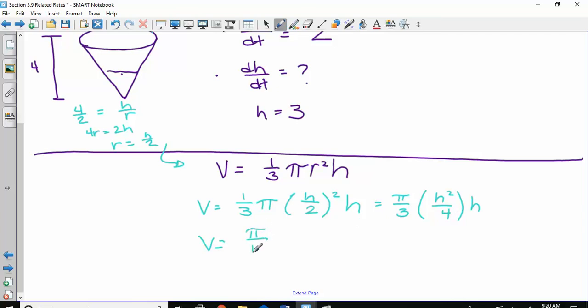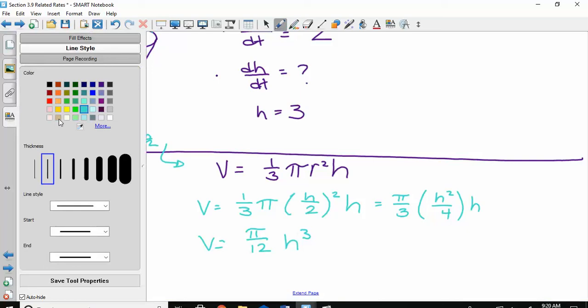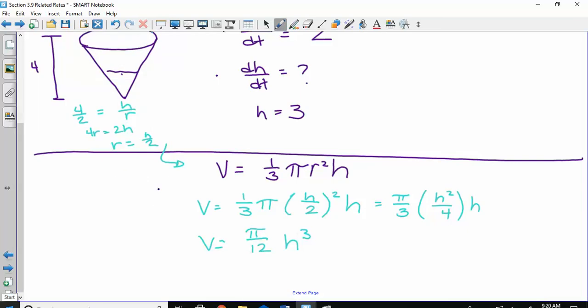So we get pi divided by 12, h to the third. Have I lost anybody so far? Okay.